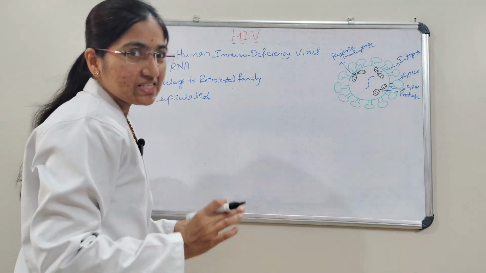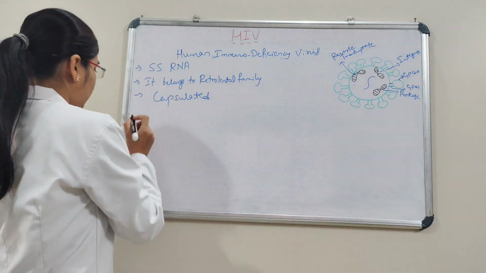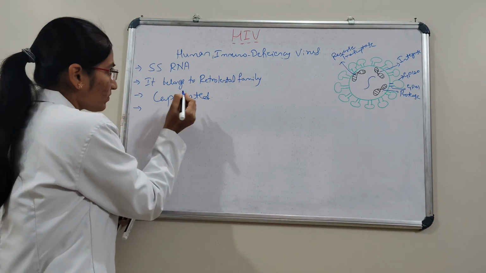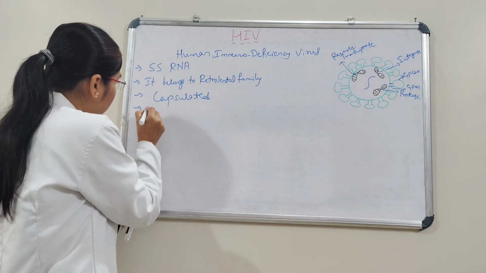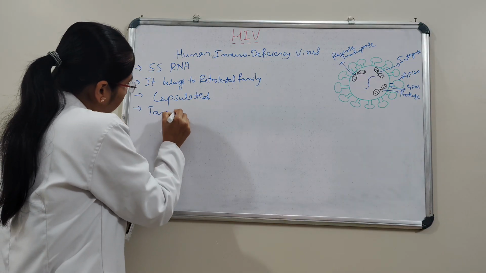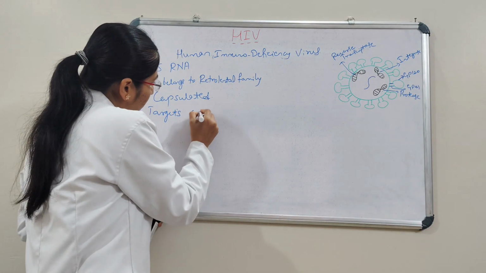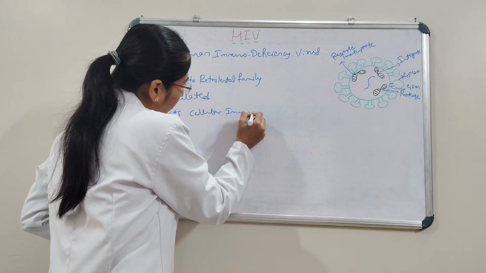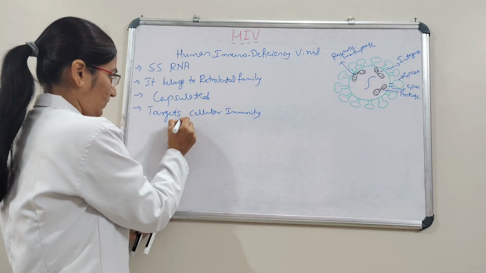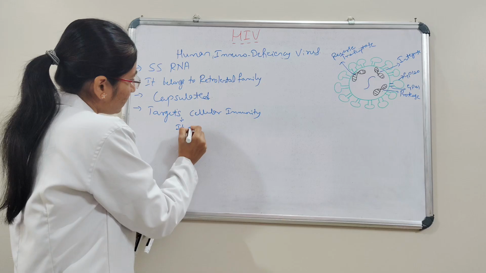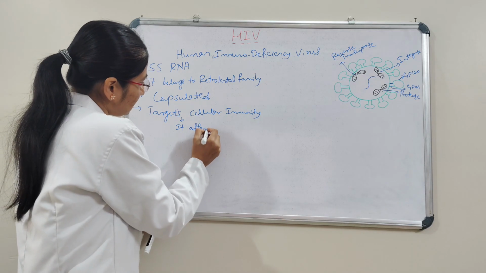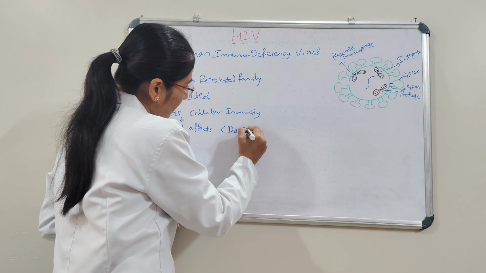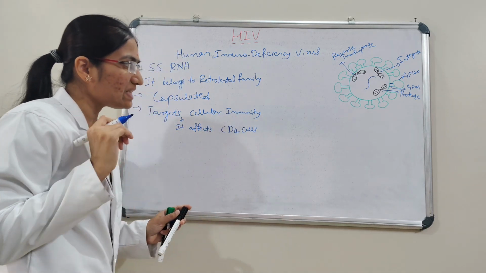The HIV virus targets cellular immunity. In the sense, it affects CD4 cells. We'll see the ratio.